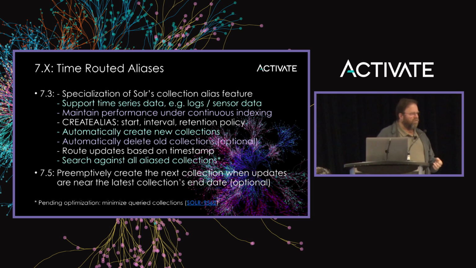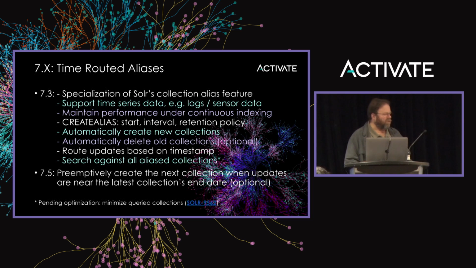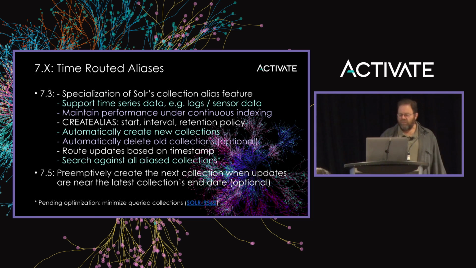If, for example, you know that there's a fairly tight range over which you want to query, then instead of querying against all collections, it should be able to decide which collections to query against. 7.5 added the capability to preemptively create the next collection when updates are near the latest collection's end date, instead of waiting for the case that you get an update that refers to a collection that doesn't exist yet.